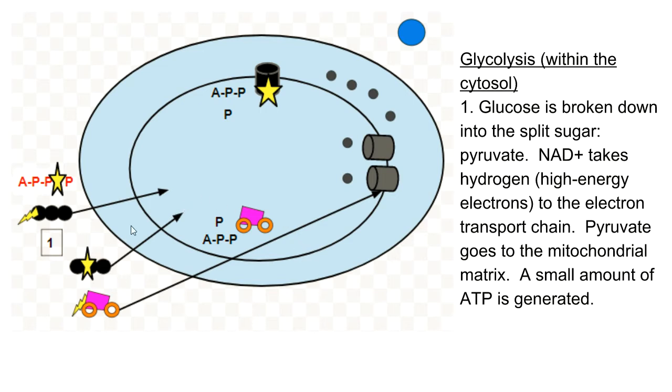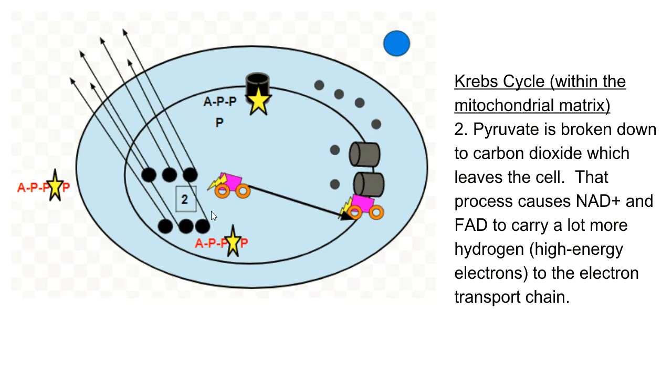So we get a little ATP before we even use mitochondria at all. In the second step, those pyruvates are broken down into carbon dioxide, which is going to exit the cell. By breaking those down, we get a lot of electrons to be carried to the electron transport chain. We also make a little bit of ATP. This stage is called the Krebs cycle.